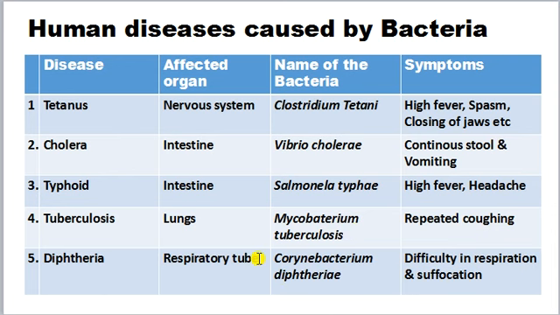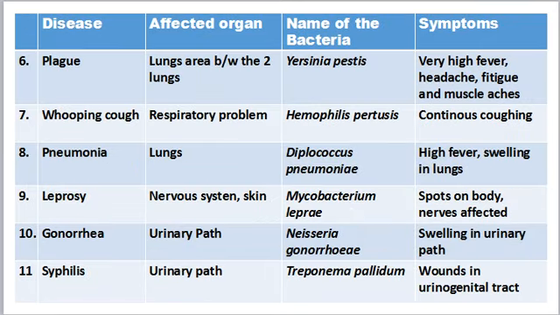This is the strain name which causes diphtheria in human beings. Symptoms include sore throat, fever, swollen lymph nodes and weakness, as well as difficulty in respiration and suffocation, because it mainly causes infection in your respiratory tubes. So this is all about diphtheria. Now move on to another disease.